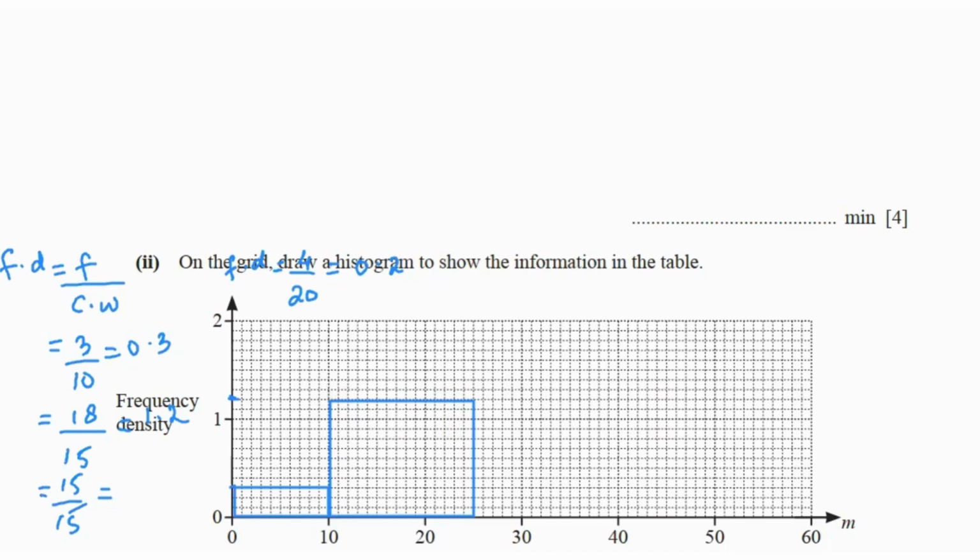Then 25 to 40 is going to be 1. And 0.2 is this. So this is your histogram.